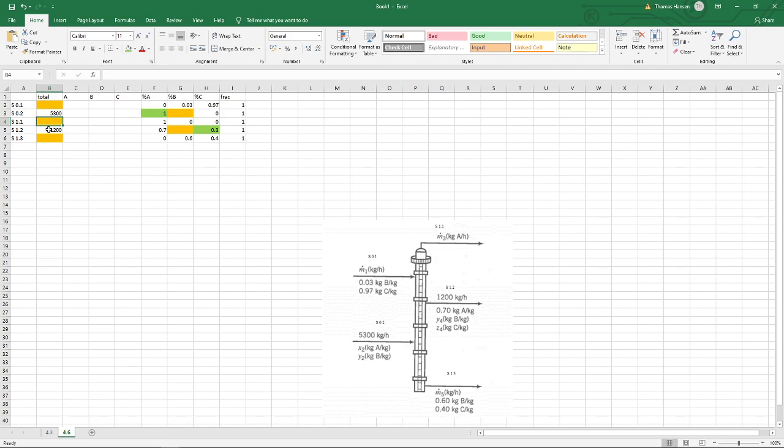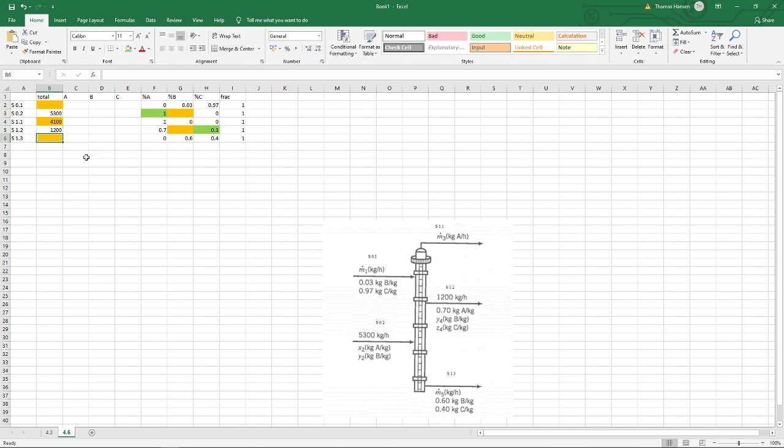I've seen some people do that, where they would say, well, stream 1 would be equal to stream 0,1 plus 0,2 minus 1,2 minus 1,3, which is technically correct, but it can quite quickly be difficult to figure out what goes where and what equations you have written in. On top of that, if you're not really careful, you'll end up with something like this.